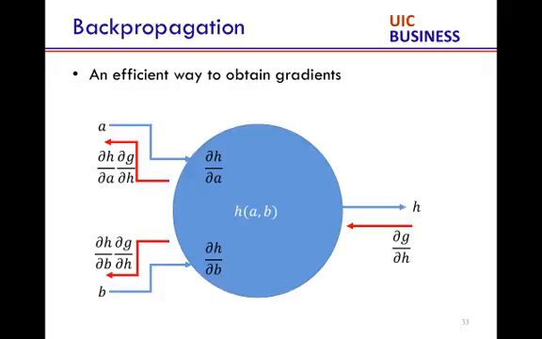I can multiply that with my local gradient to compute the gradient of g with respect to b and pass it on to the nodes before me in my computation graph. That's the intuitive idea of backpropagation we looked at last time. So you can just pass it on, then you can get the gradient of the output with respect to something which is not local, with respect to inputs.